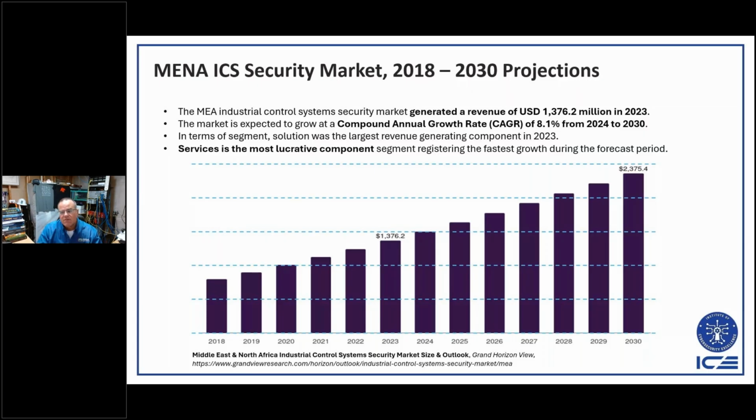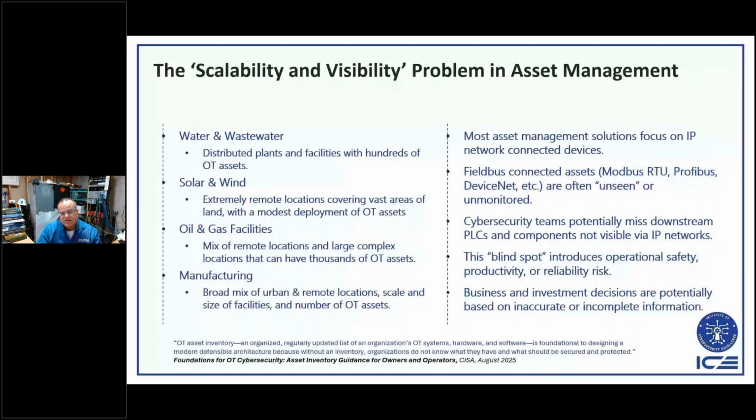So let's take a little bit of a scenic overlook here and see what the scalability and visibility problem would be in asset management. A lot of times it's the scale of things that are the challenge. So we have facilities where there's a smaller facility, or maybe a smaller concern.